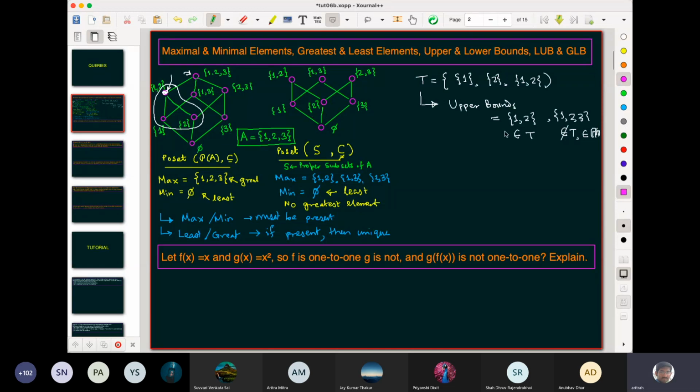Now, among these two, the least upper bound is the element 1, 2, right?